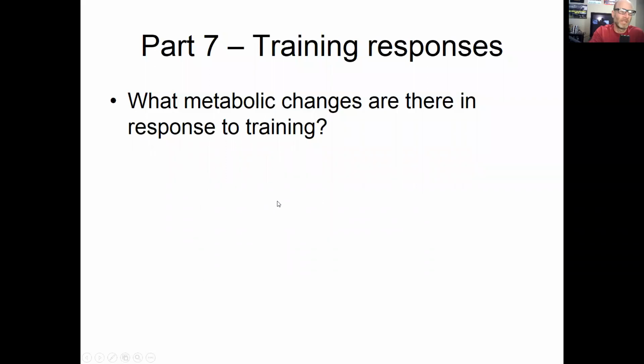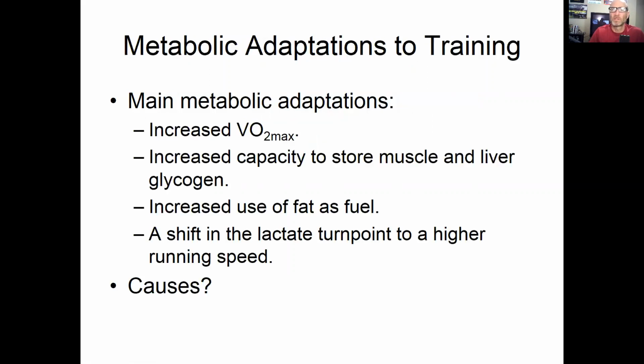And later on, you may see a review of some software that athletes can use to track their training progress to be able to identify when the training program is working and when it's not working. So what changes are there? Well, the main metabolic adaptations: typically an increase in VO2 max.